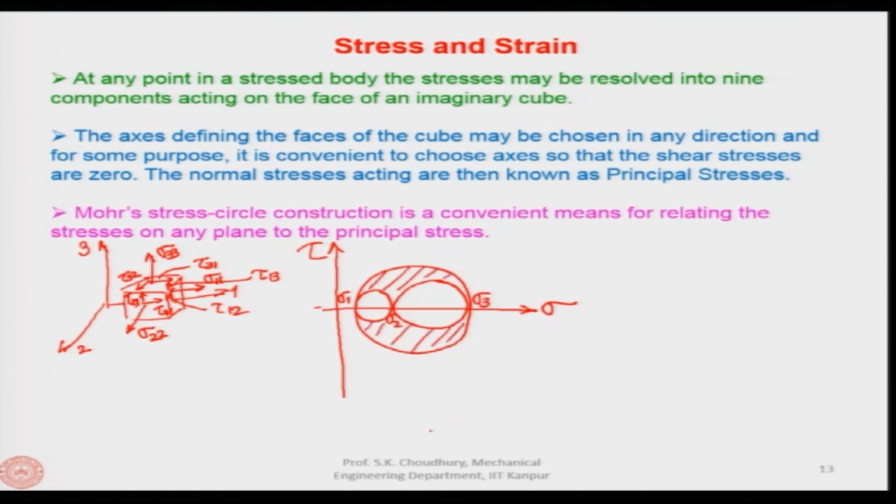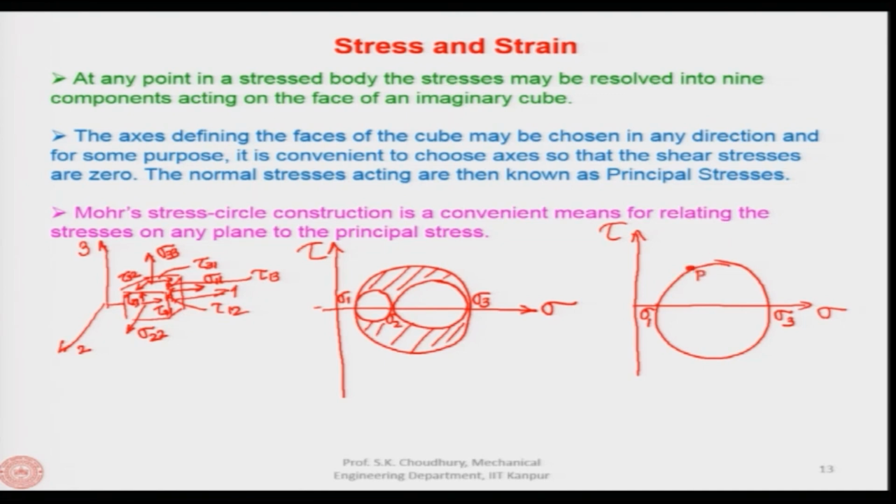Okay. And if we have the 2 dimensional cases, in that case this will be shear stress and this is the normal stress, and then we have the Mohr circle and we have this sigma 1 and this is sigma 3, all right. So, here any point on the surface will be defined by a point on the Mohr circle.